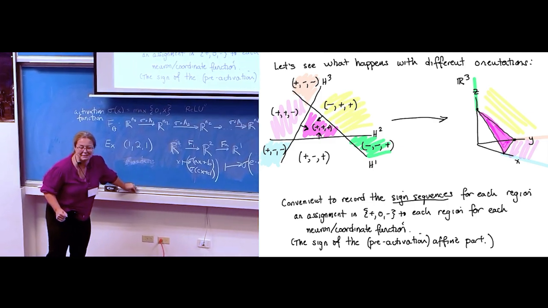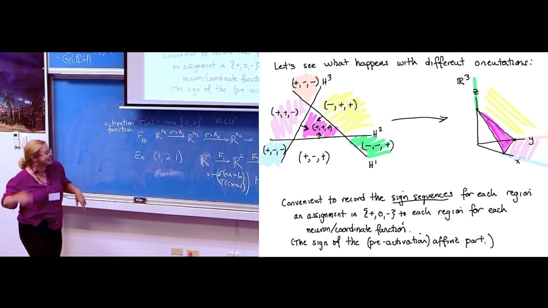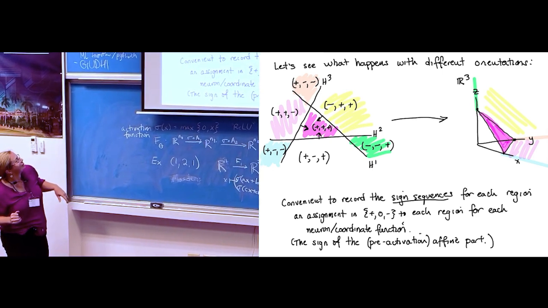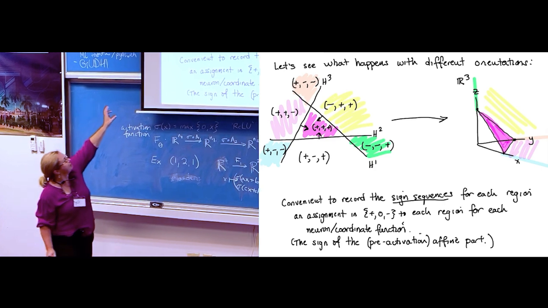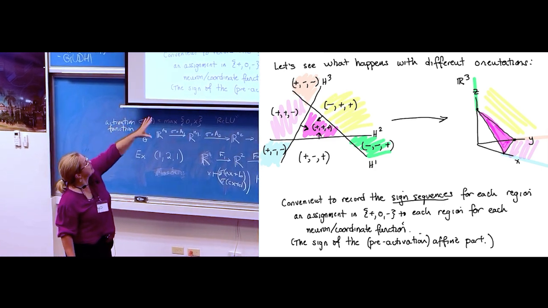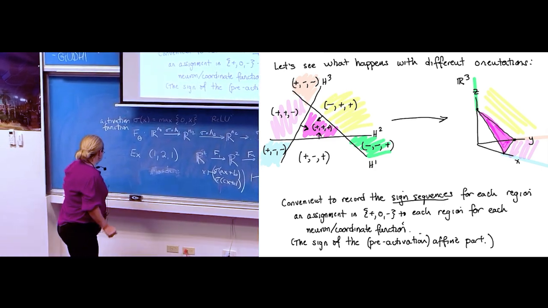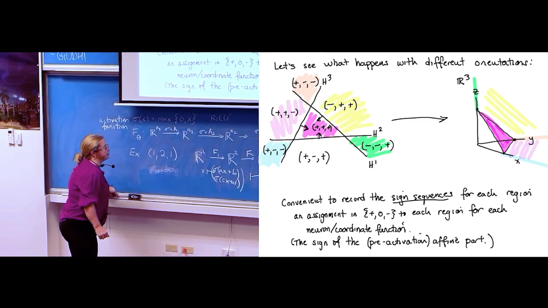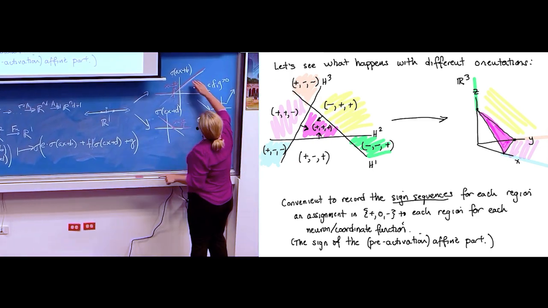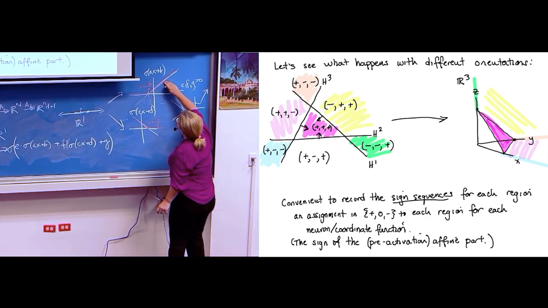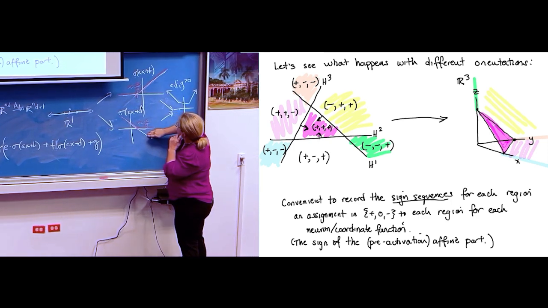Visualizing these things. Now we're going to go back to the slightly higher dimensional case. In this example, we were talking about a map from R2 to R3, and we were talking about the sign sequences. Let's do that here too. We'll call this one neuron 1, and this one neuron 2.